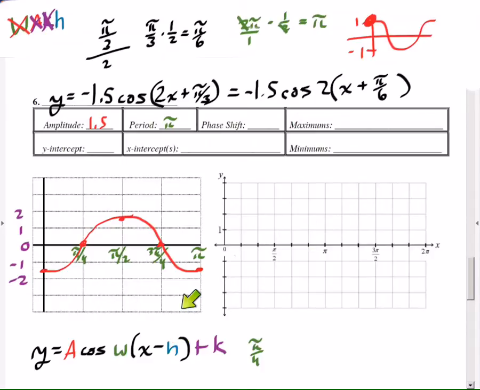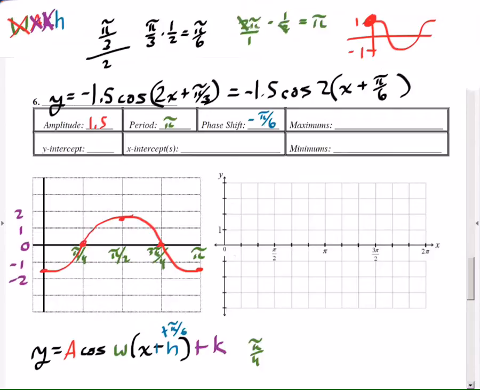And see right here how it says plus h? What would pi/6 have to be right here to make it plus h? Negative. Yeah, you would have to have a negative pi/6 right here so that the negatives would cancel out. You see that? So that's your phase shift. Your phase shift is negative pi/6.